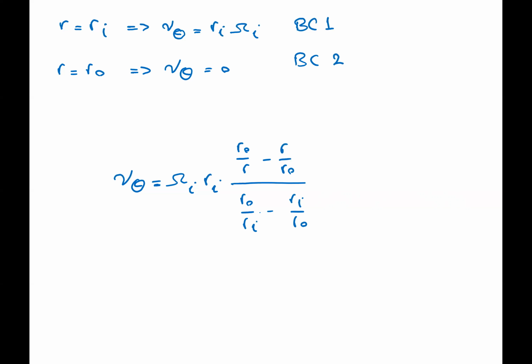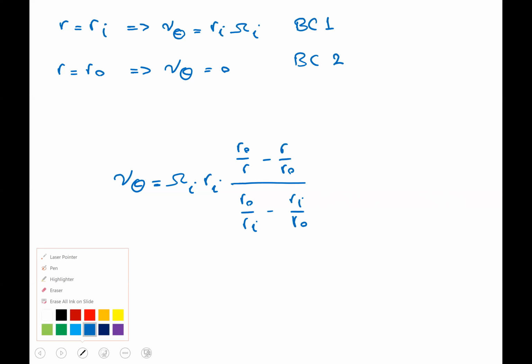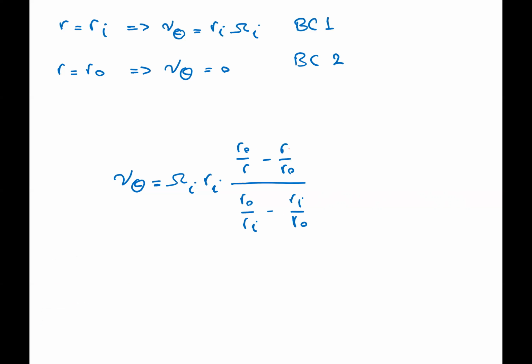So ro and ri, both of them are constant. So the only variable on the right side of this equation is actually r, and v theta is the other variable. So what you found here is v theta as a function of r.